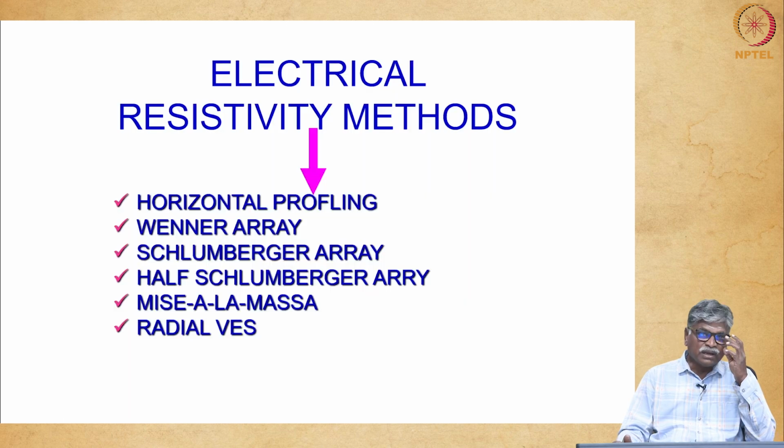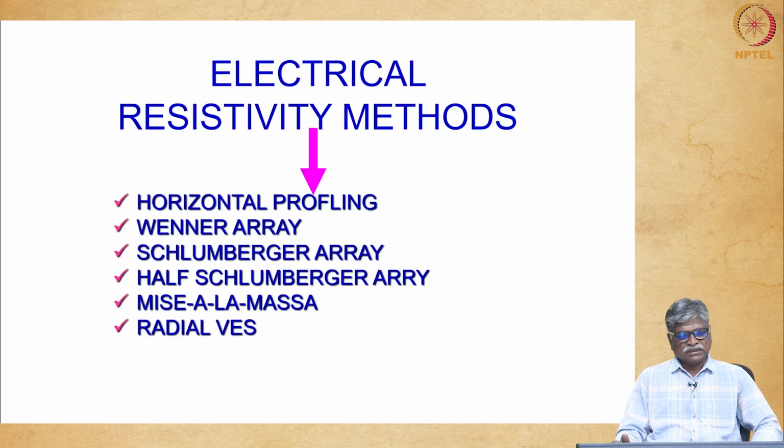Of the geophysical methods I have told you, the best tools for groundwater exploration are the electrical resistivity methods. There are many configurations: the Schlumberger configuration, Wenner configuration, and horizontal profiling, that is the radial electrical resistivity survey.